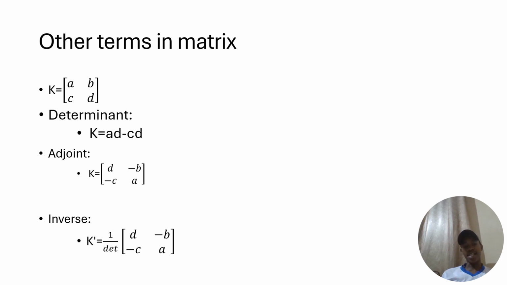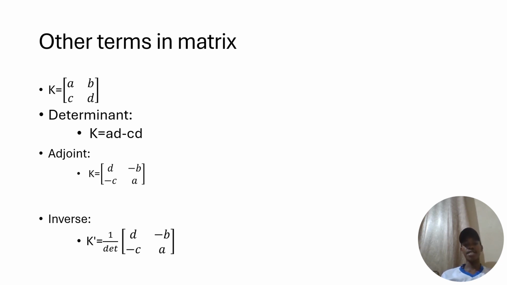We are also having the adjoint. When you're dealing with the adjoint, in our matrix we have K equal to A, B, C, D. In the adjoint, the entries of the major diagonal change positions.